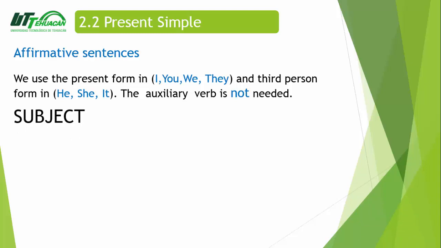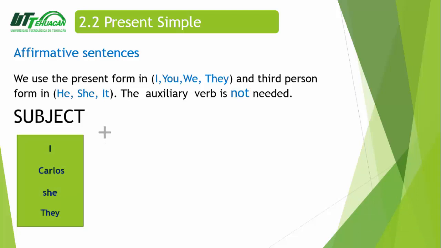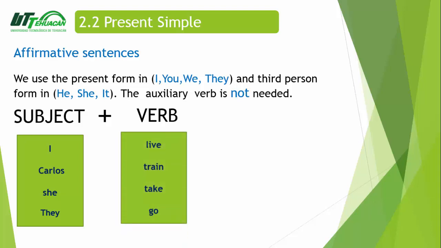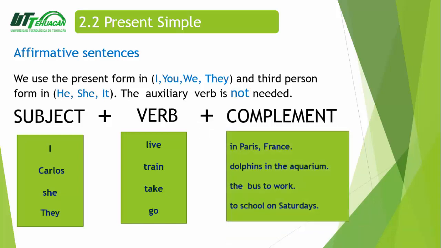The structure is subject, like I, Carlos, she, they, plus the verb live, train, take, go, plus a complement. In Paris, France, dolphins in the aquarium, the bus to work, to school on Saturdays. We can make sentences like I live in Paris, France.